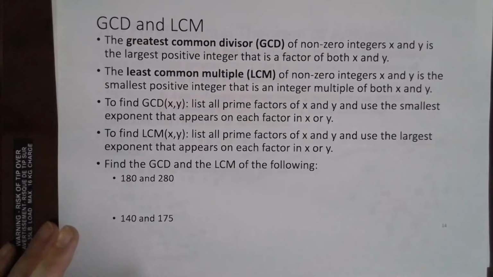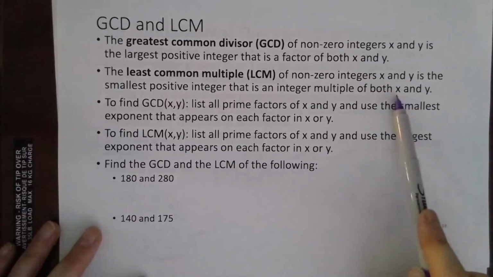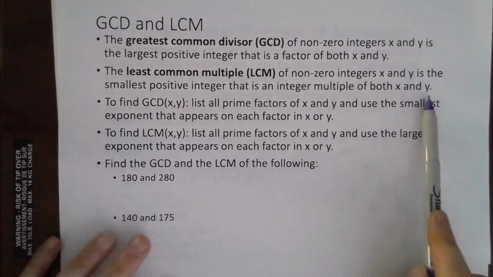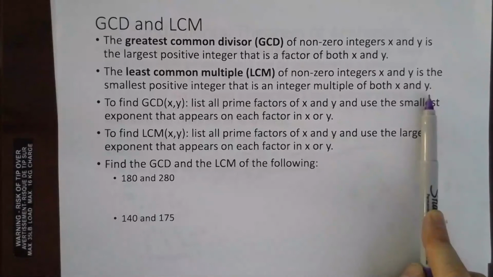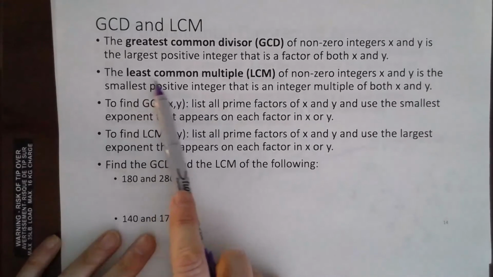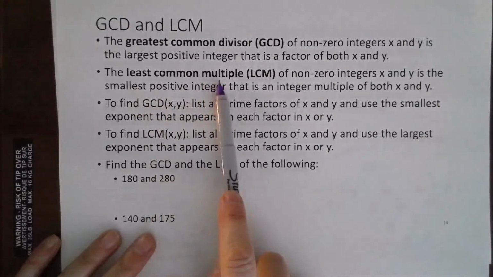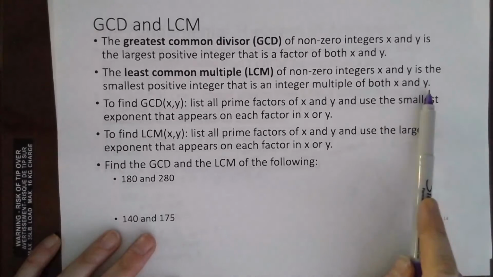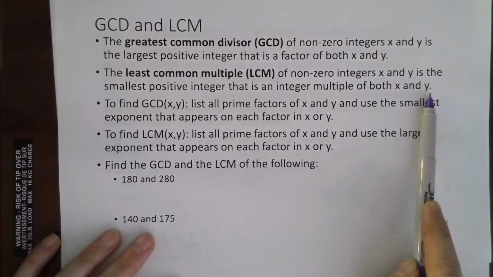If you think about multiples, multiples of x are x, 2x, 3x, 4x. Multiples of y are y, 2y, 3y, 4y. So the smallest thing that the least common multiple could possibly be has to be greater than or equal to x, and it has to be greater than or equal to y.